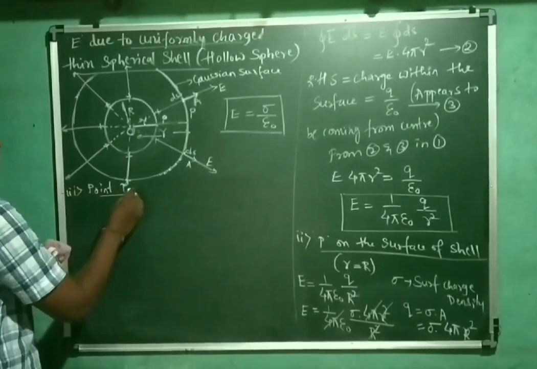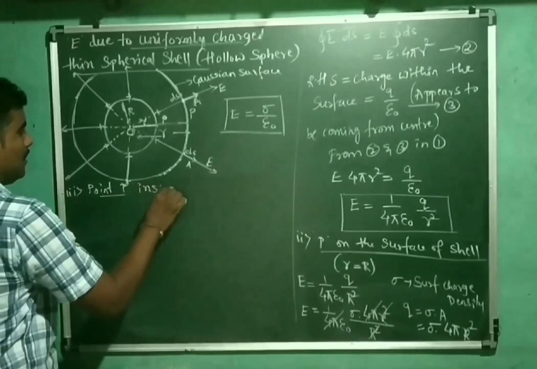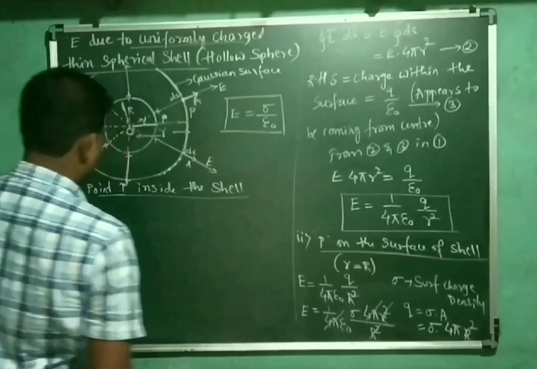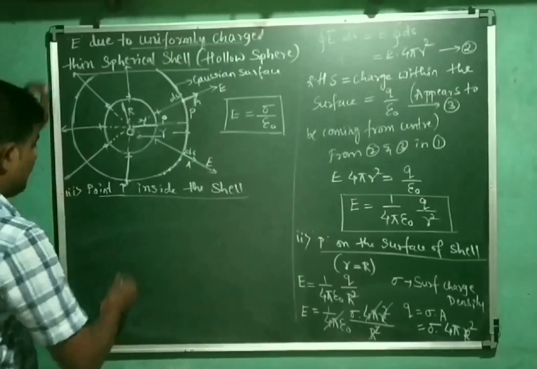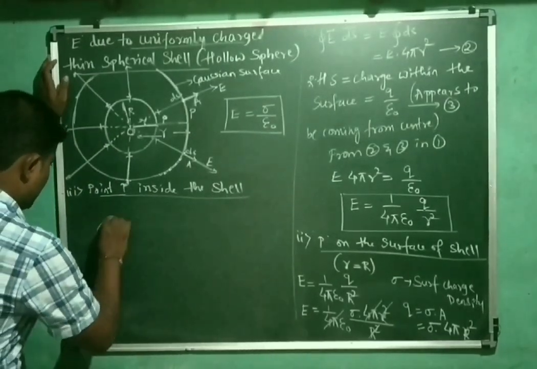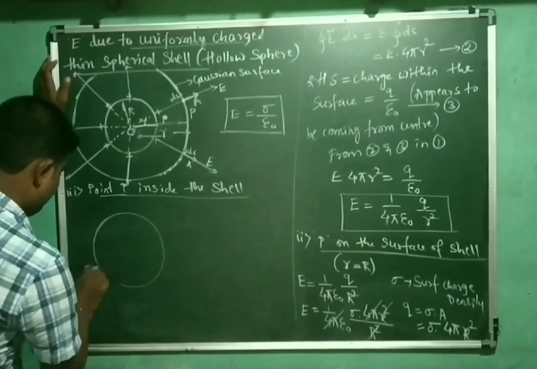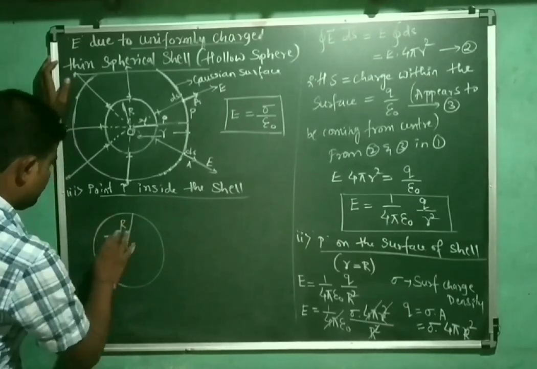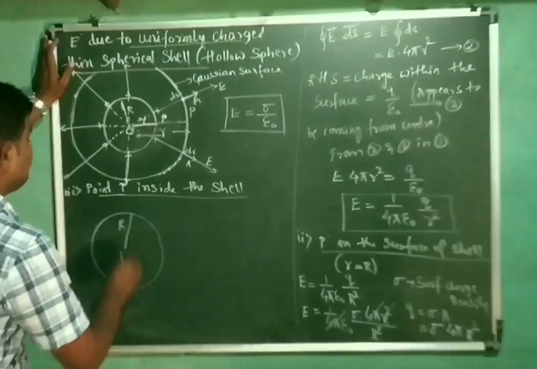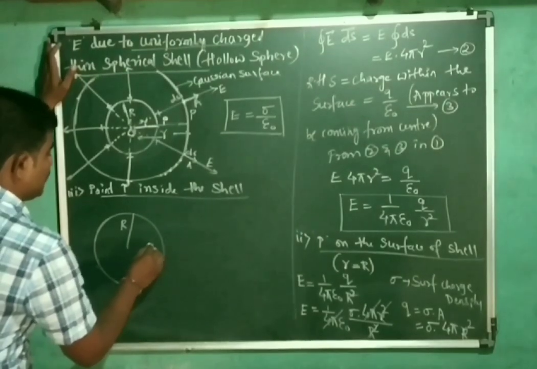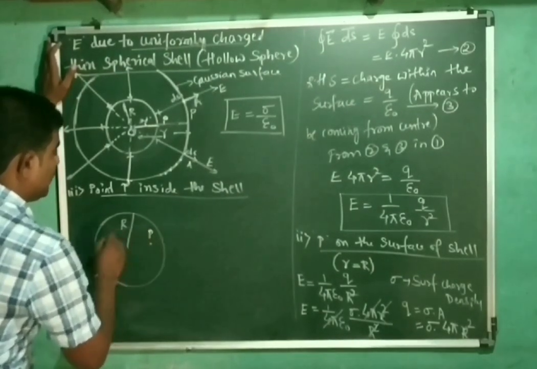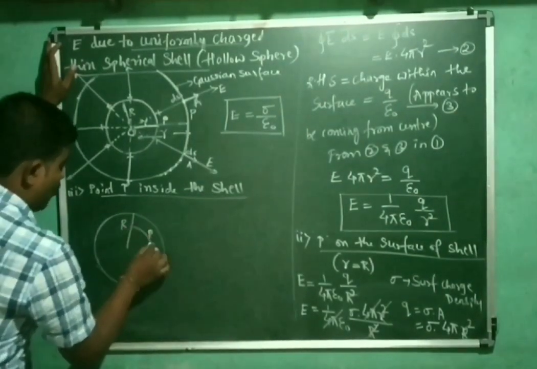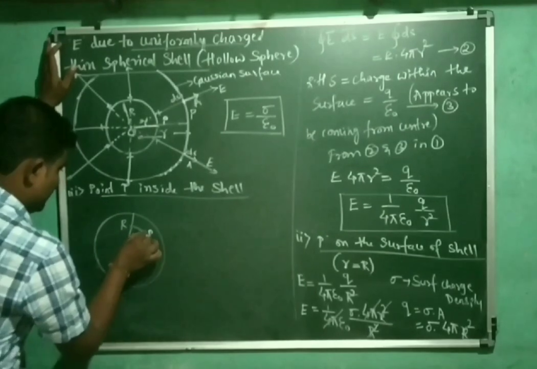Third case, point P inside the shell. For this we shall consider once again a conducting shell. The radius of the conducting shell is R. If I consider a point P inside the shell, it is point P. And for point P, I have to consider one Gaussian surface.